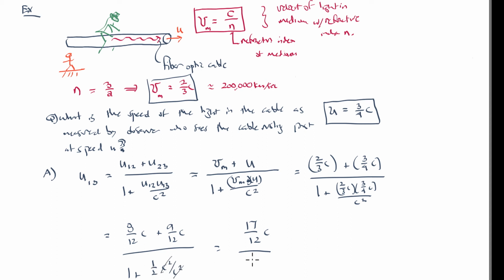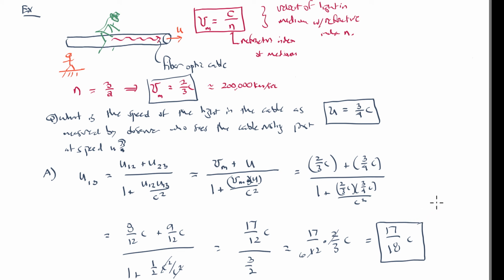That's 3/2, because the c is canceled out. And so we have 17 over 12 times 2 over 3 c, which is 17 over 18 c. So there we have it.